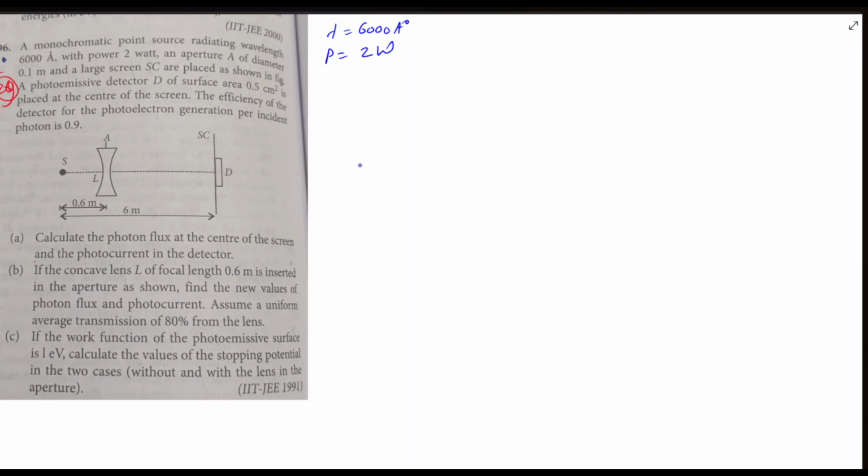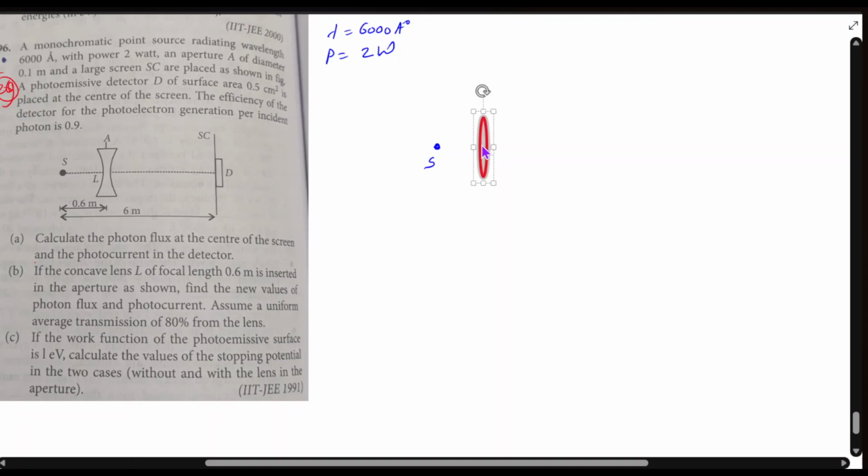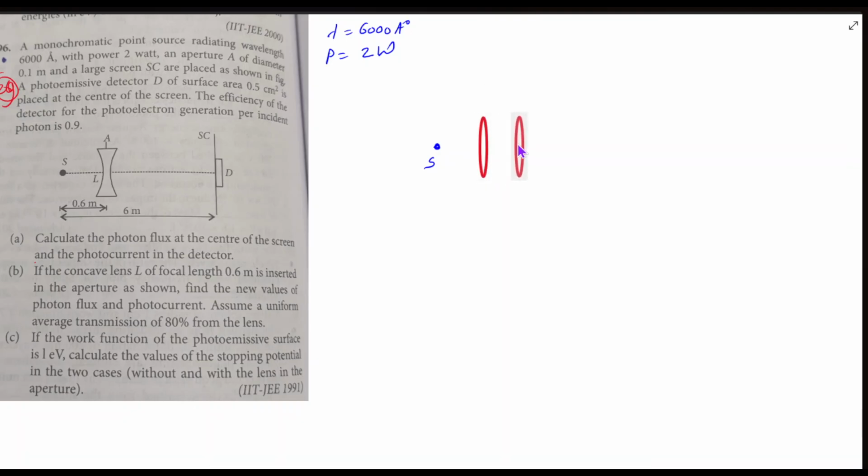So let me start making a diagram. Let's say we have a source like this. Now we have an aperture, a circle like this. Are you getting me?